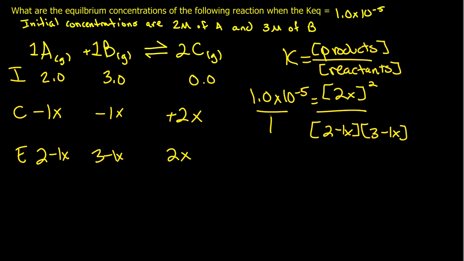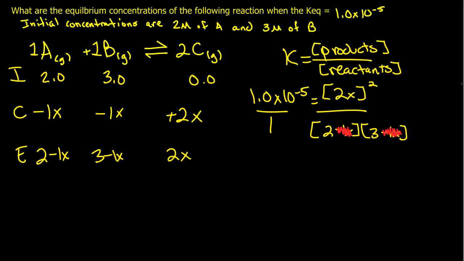But we said, since this K value is so small, we can ignore the x on the reactants. So I'm literally going to go into my formula, the sign, the number, and the x. I'm going to erase it. I'm going to take it out. On my other reactant, the sign, the number, and the x, completely taking it out because I don't need it.